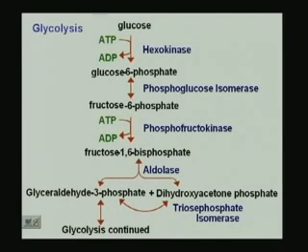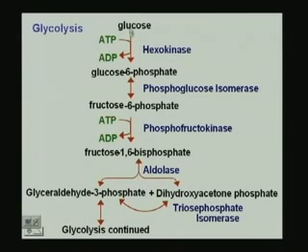Now the 3-carbon system will eventually get into the tricarboxylic acid cycle, and that cycle will ultimately produce carbon dioxide and water, so you'll have it broken down. But we started off with glucose. In the first step, we had glucose go to glucose 6-phosphate.